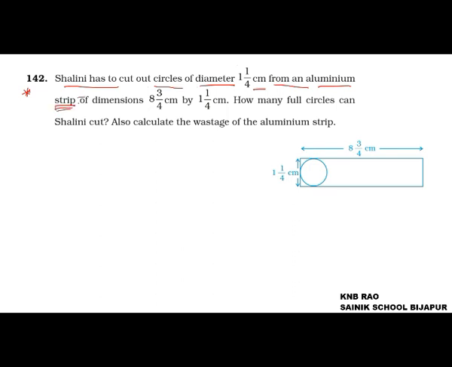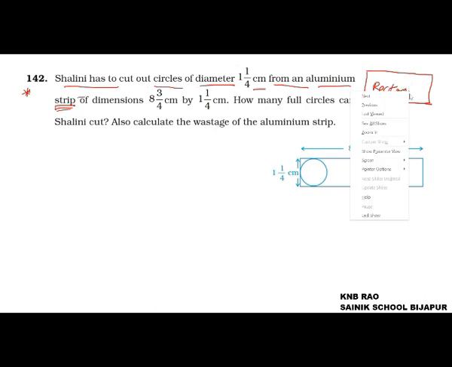Here is the trick, very important. What is an aluminium strip? Remember, an aluminium strip is a rectangle. So the moment you know the meaning of a strip, you will not have any chance of going wrong.